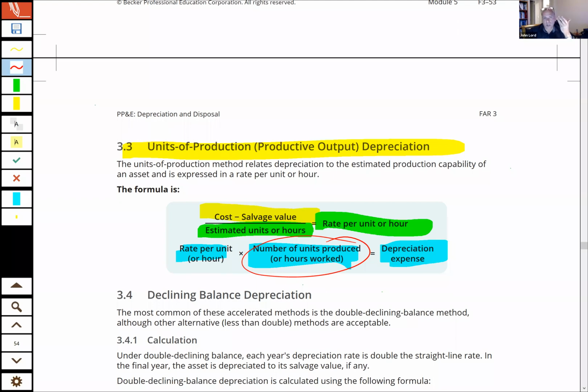I've given myself extra record keeping. So companies generally don't like to do this. They stick with straight line, or we'll see in a minute, double declining balance, because you don't have to track the actual use of this equipment. Okay, good.